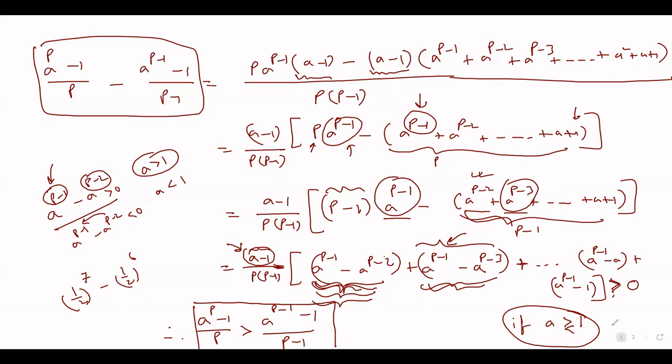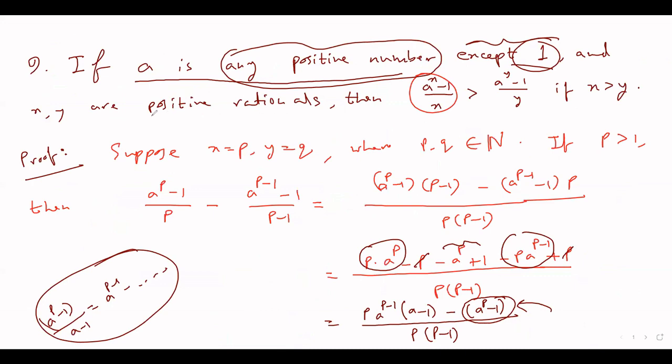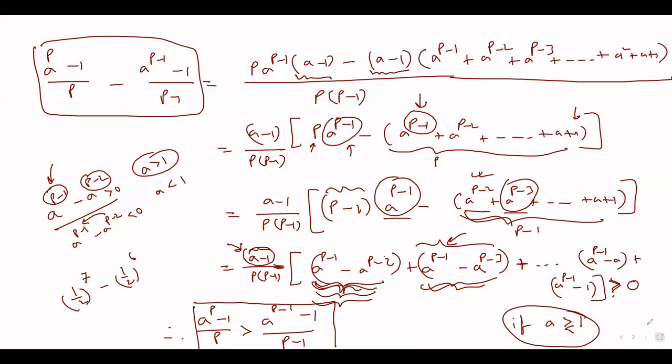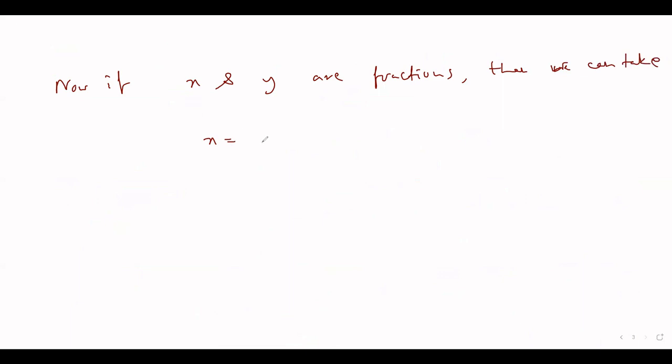We are yet to prove the original claim, which states the statement for rational powers, but we can do that just by using the case of integers like this. Now, if x and y are fractions, then we can take x equals p by q, I know fractions are of the form p by q, right?